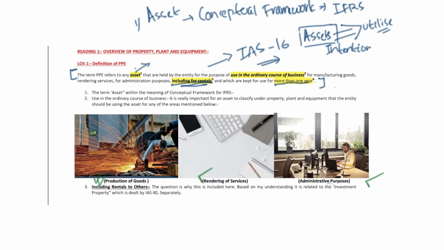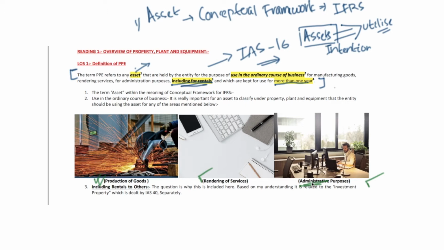For example, you have a manufacturing factory and you have a payroll office. You have an accounting office. Those offices deal with administrative purposes only, to manage things. That's it. That only deals with administration.